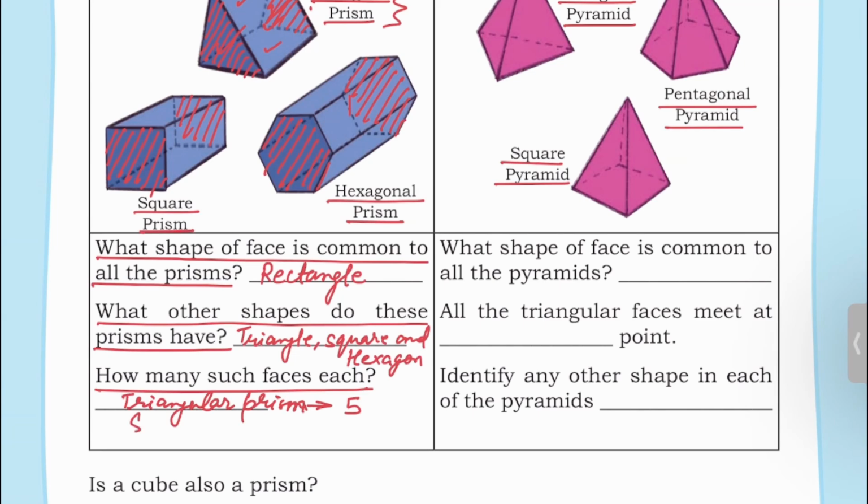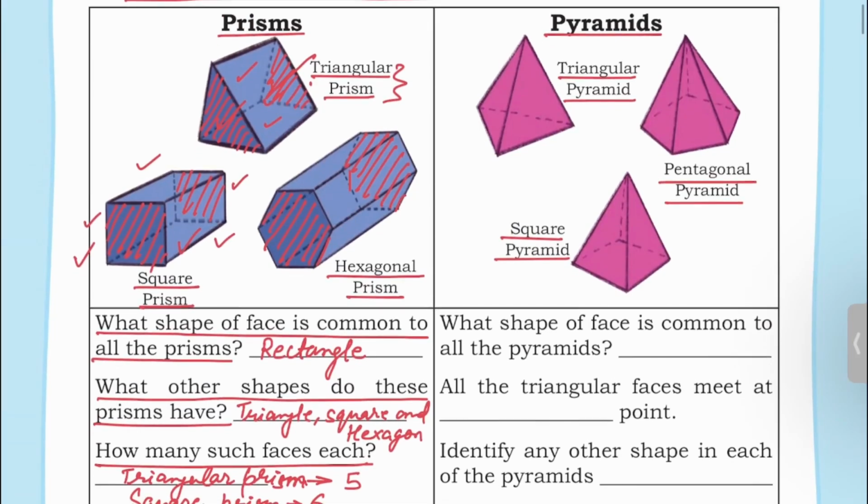Similarly, for a square prism, one at the top, one at the bottom, one in front, one in back, and one left and one right. That means 6 faces. Similarly, for hexagonal prism, you will get 8 faces.